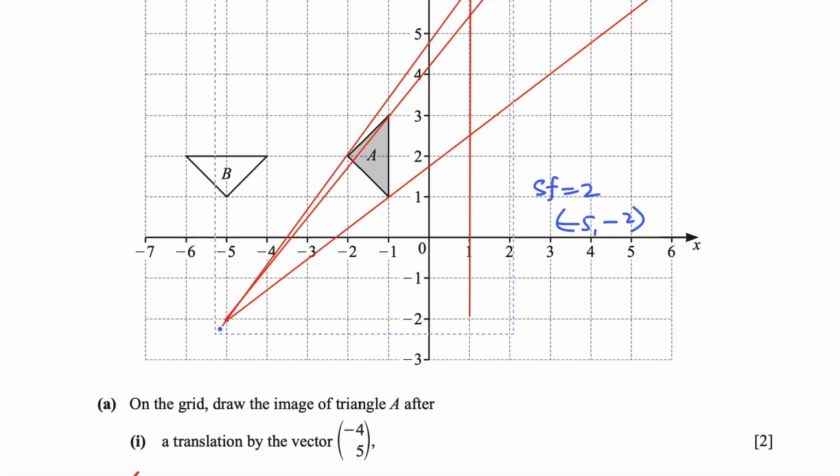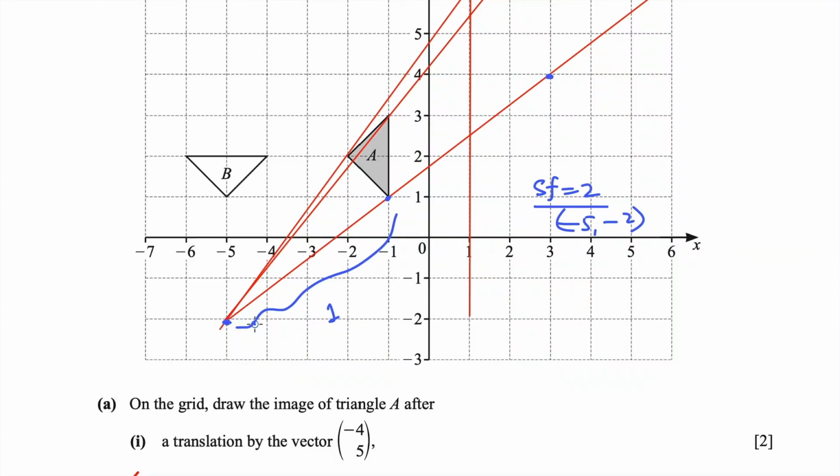Okay, so now what does a scale factor of 2 mean? That means if this distance is 1, then for the image the distance will be 2. So if I see this from here till here, it has moved by 4 down, 4 to the right, and 3 up, and so it will move another 3 up, and it will move another 4 to the left, and so this is the corresponding point for the first part.